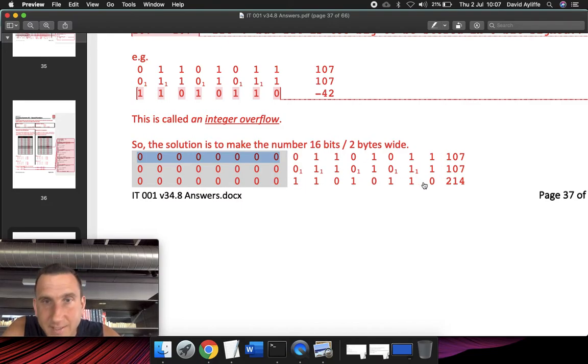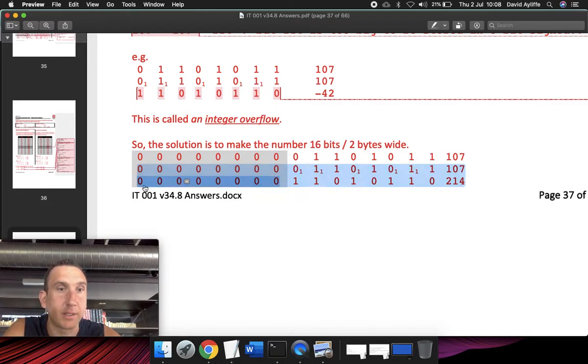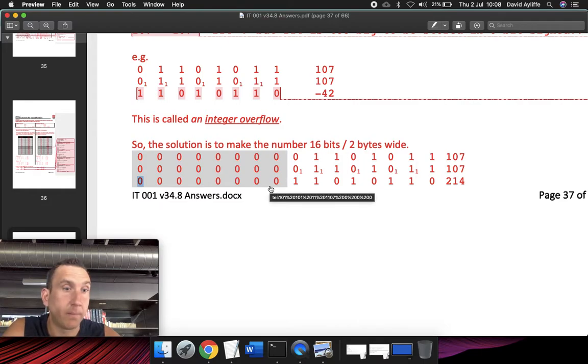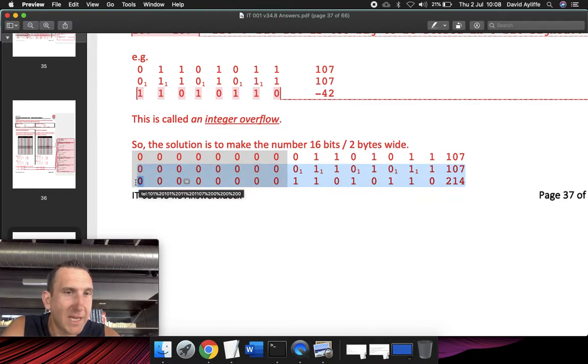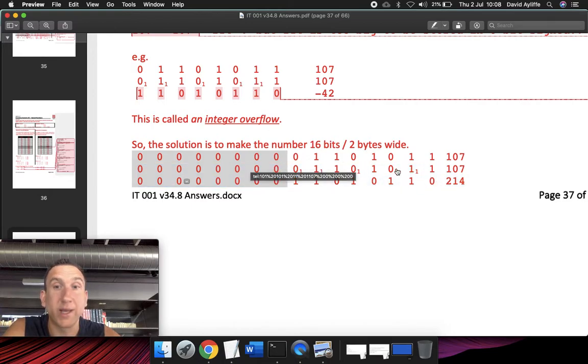The answer is the same here, but now we've got all of these zeros in the second byte, and this shows us that it's a positive number. Even though these are all zeros, now we get the correct answer, because we've used a variable which is wide enough.